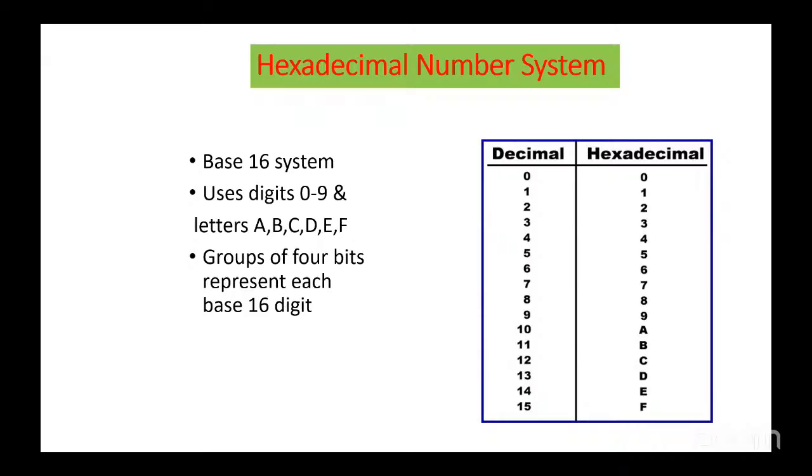It uses the digits 0 to 9, and the remaining are represented as letters. That means A, B, C, D, E, F. A means 10, B means 11, C means 12, D means 13.